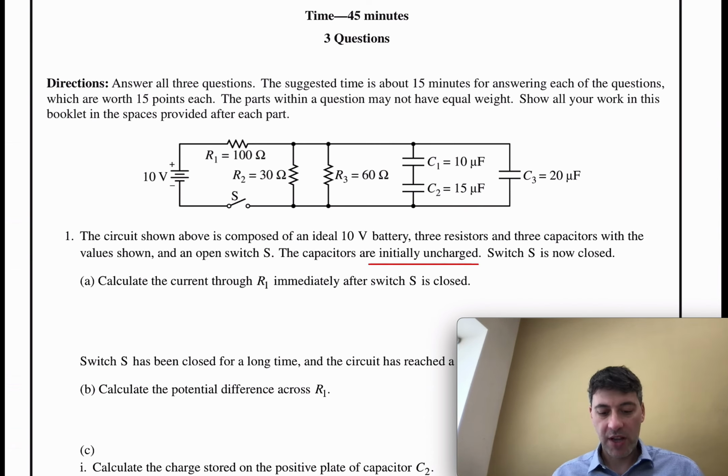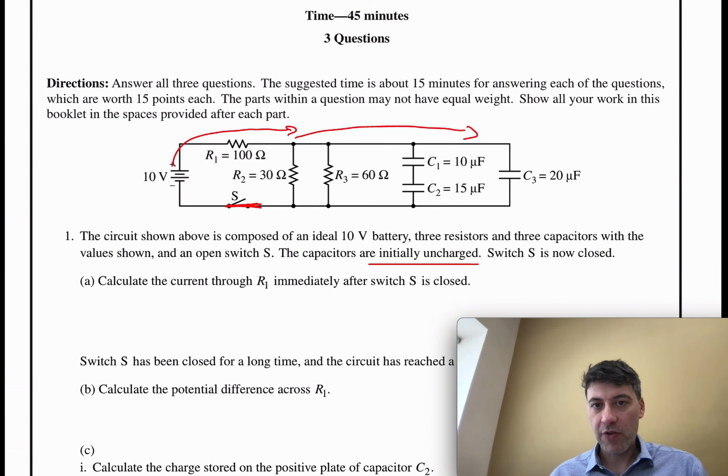Okay, so when we close the switch, current will start flowing from the battery. It will reach the first junction, and since the capacitors are still in the process of charging, all the current will flow towards the capacitors, because when the capacitors are uncharged, they act like bare wires.